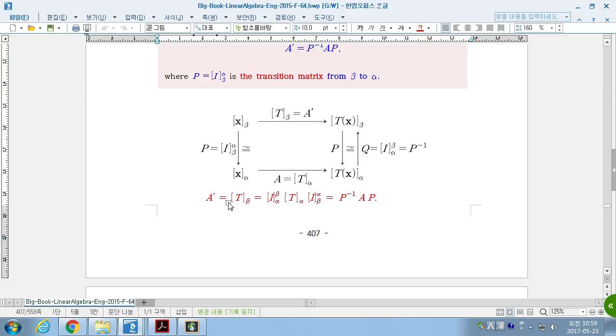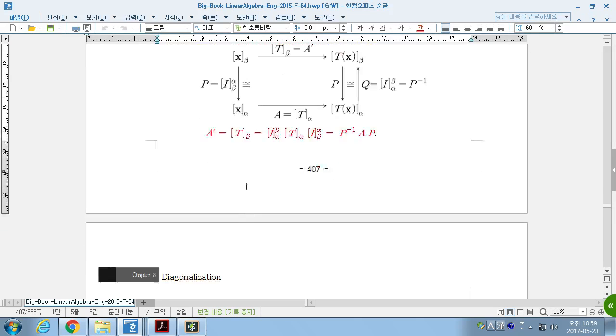That gives a motivation. Actually, this matrix and this matrix also define a linear transformation which has the same domain. Then the image of x under A prime is the same as the image of x under this linear transformation P inverse AP.